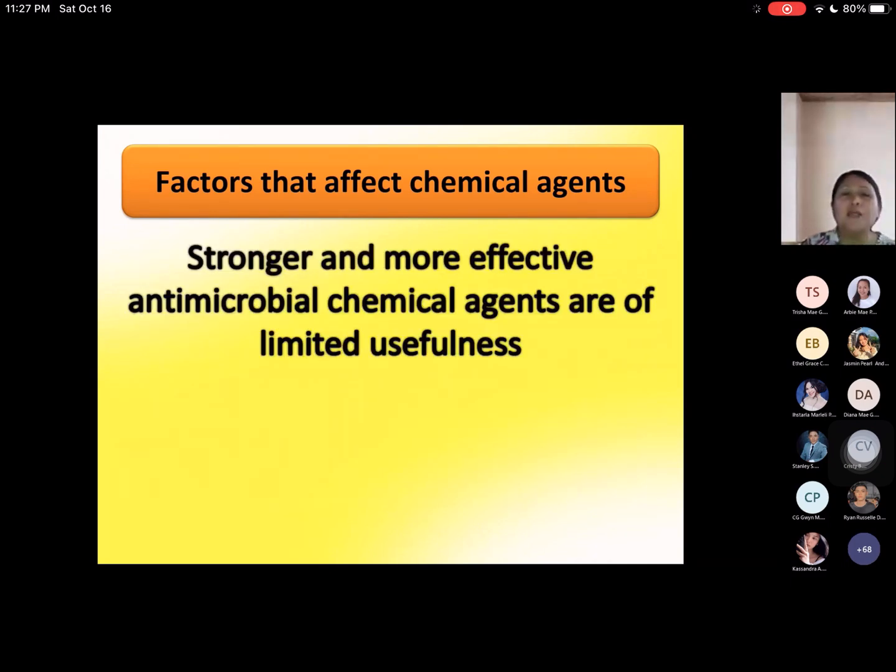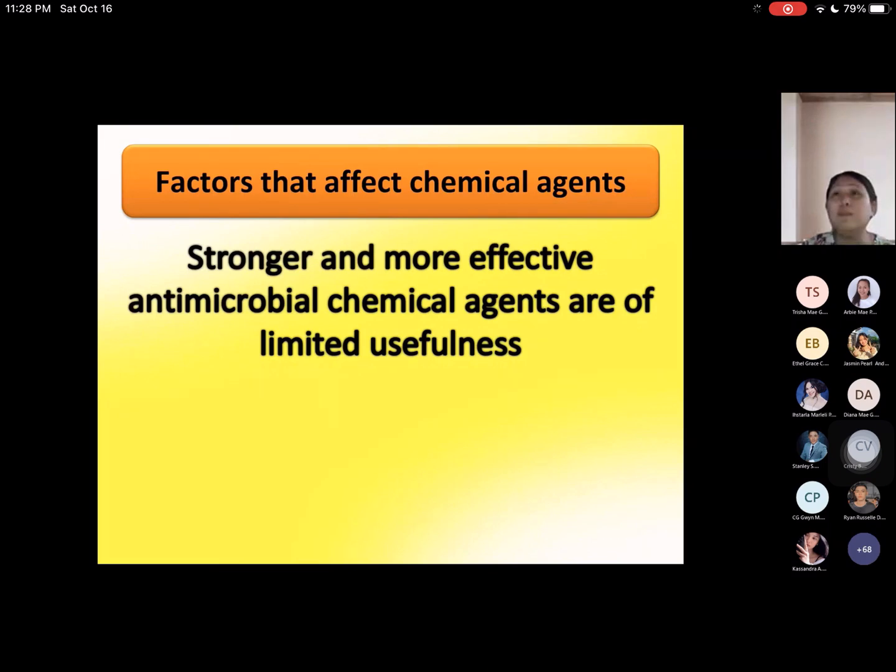Another is that stronger and more effective antimicrobial chemical agents are of limited usefulness because of their destructiveness to living tissues.